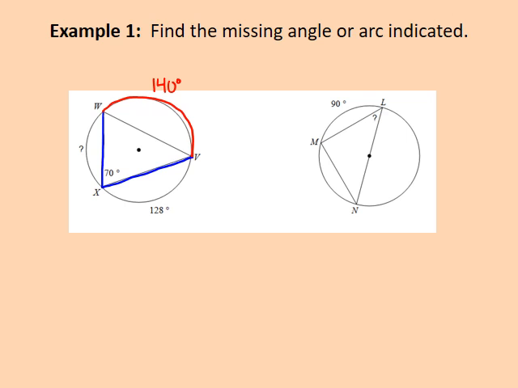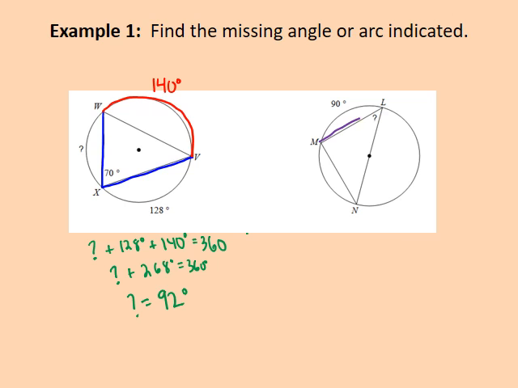Now all the way around a circle adds up to 360 degrees. So we have question mark plus 128 degrees plus 140 degrees equals 360 degrees. When we do the math, we have question mark plus 268 degrees equals 360 degrees. Question mark ends up being 92 degrees.